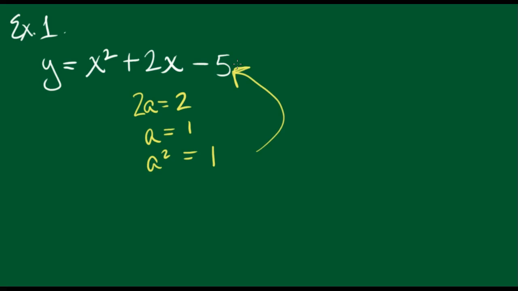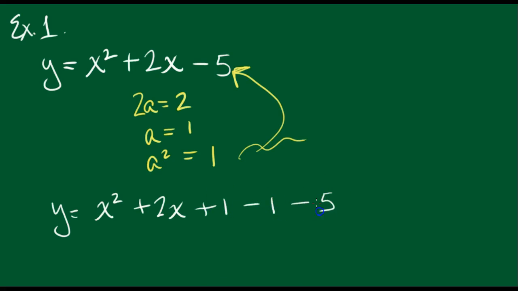Okay, so let me think a little more. What do I need? y is equal to x squared plus 2x plus 1 minus 1 minus 5.